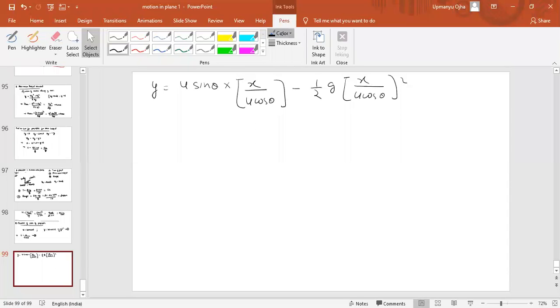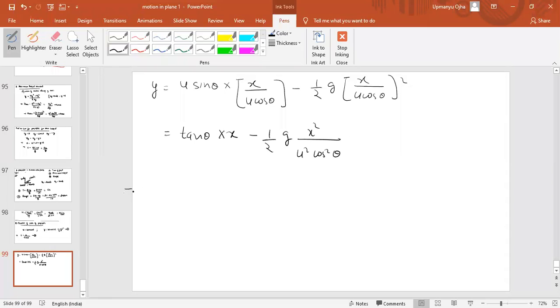If we open this bracket, this u and u get cancelled out. Sin by cos is tan theta. So can we write this as tan theta into x minus half g x square by u square cos square theta? If I take cos square theta in the numerator, it becomes secant square theta.